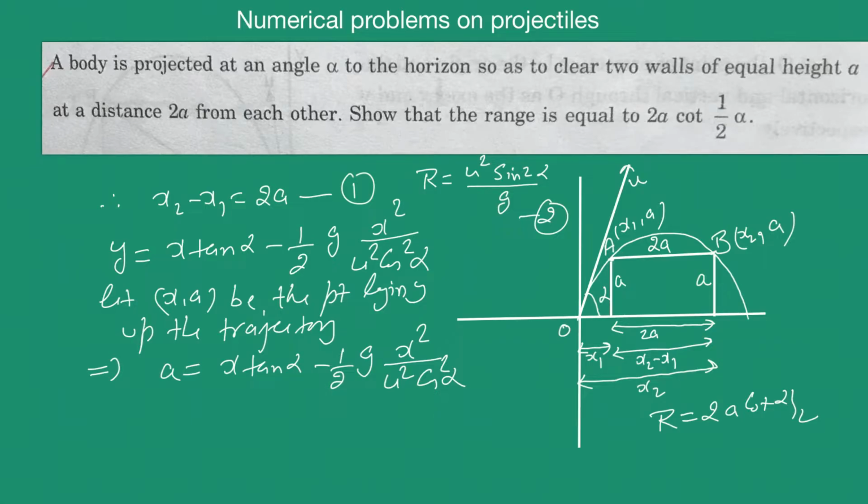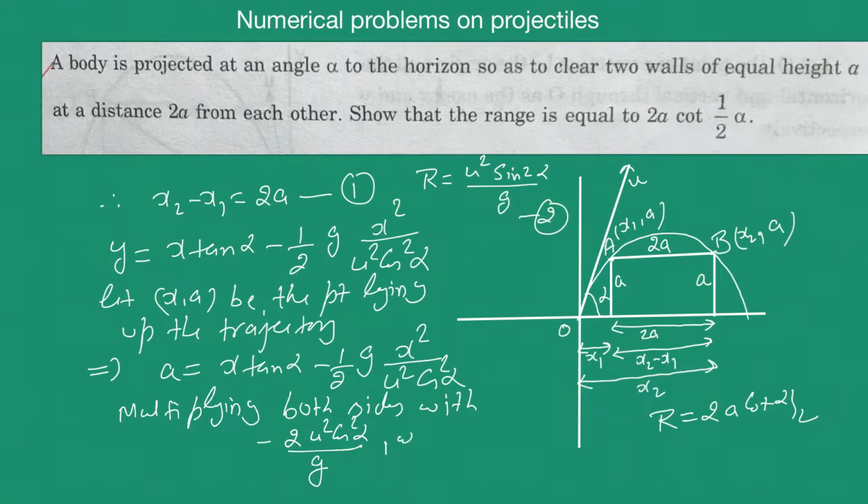So I am going to multiply both sides with minus 2 u square cos square alpha by g. What will we get?